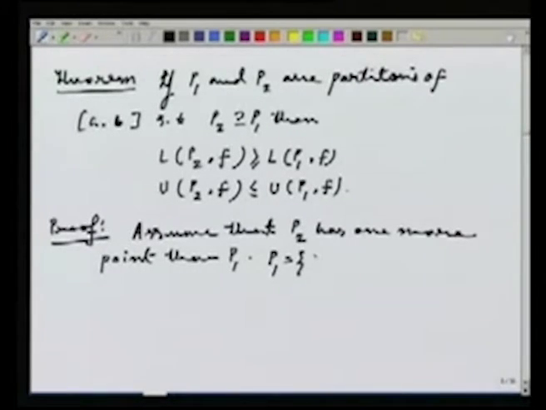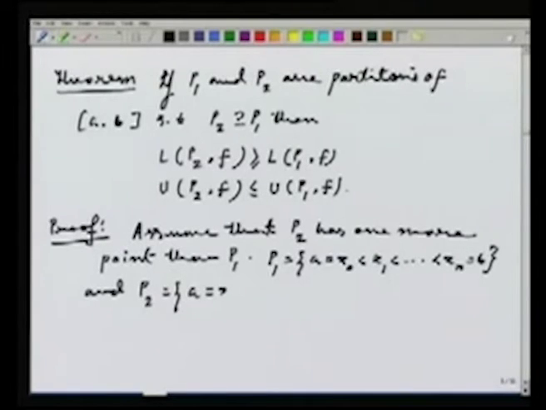Let us assume that P1 equals x0, x1, up to xn, and P2 is x0 up to xi minus 1, then the additional point x star, then xi, then up to xn.